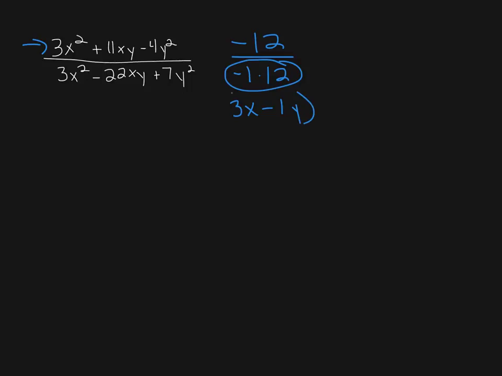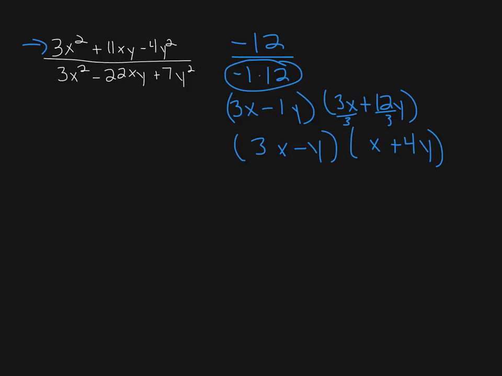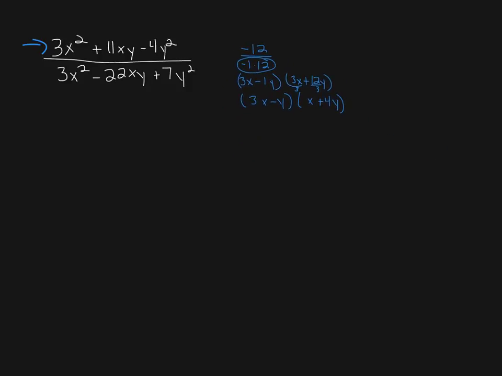Don't forget the y on the end. 3x plus 12y. Now we can simplify this and just say 3x minus y. And over here we can divide both of these by 3. So x plus 4y. Okay, so for our numerator, we have 3x minus y and x plus 4y.